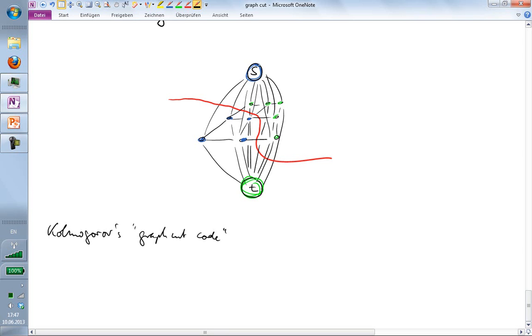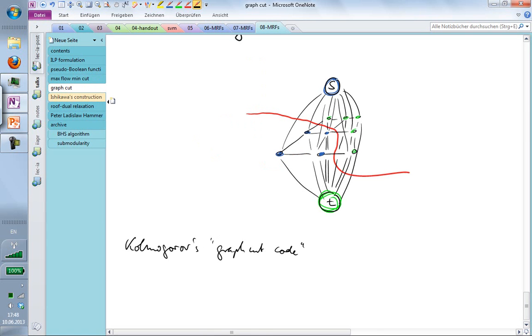Approximate schemes are required in many instances where you have multiple labels, not in all, so there's one exception that I will still mention. Generally, multi-label problems are NP-hard, and then you can use greedy heuristic schemes which, however, use a graph cut in every iteration, and these are very successful.